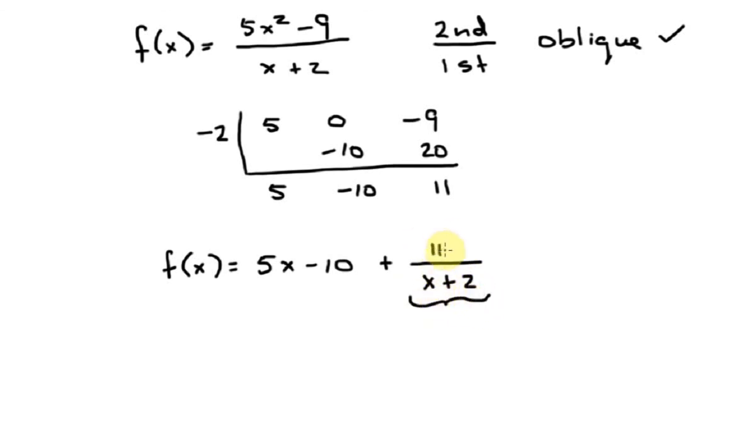You've got this constant 11 on top, but x is going to theoretically become big numbers, like a billion. 11 divided by 1,000,002 is very, very small, and we would consider this to be so small we count it as 0. So here is what the function tries to approach as it goes to extremes: the line y equals 5x minus 10. This is our oblique asymptote.